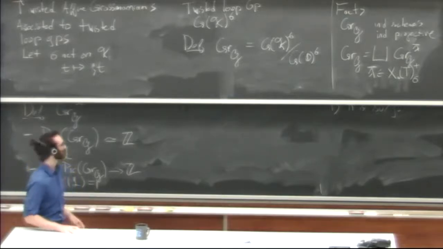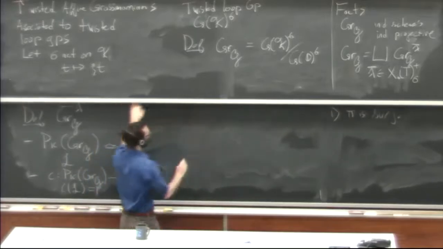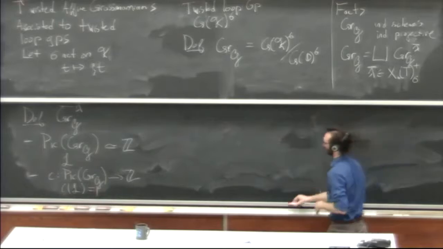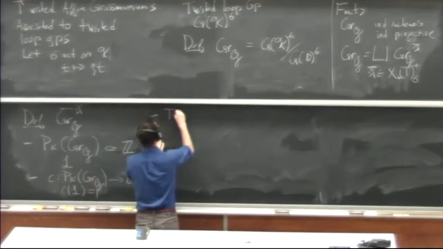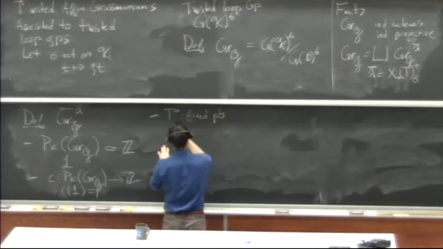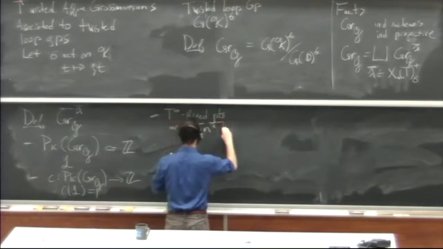And once again, we have a description of the T fixed points. These will be associated to the lambda bars. So I'll just write the T^sigma fixed points are these classes, which I'll write as t^lambda bar.